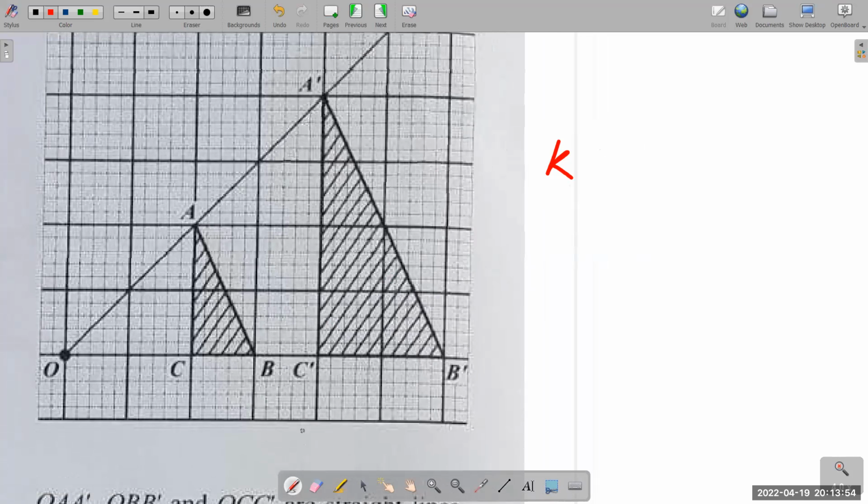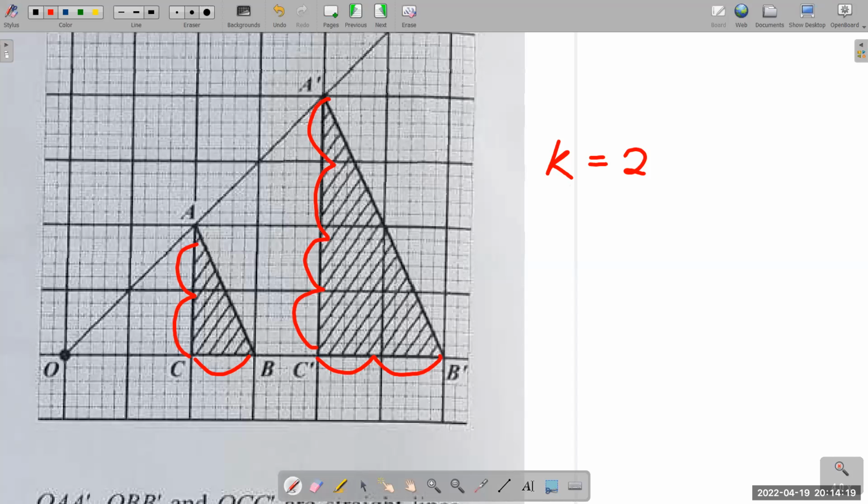When I ask for the enlargement factor, is the image doubling, tripling, multiplied by 4? What is it? Is it 1, 2, 3, or 4? It's 2. K is 2. Because look at it. Here we have 1, but here we have 2. Here we got 2, but here we have 4. Everybody see how enlargement works?